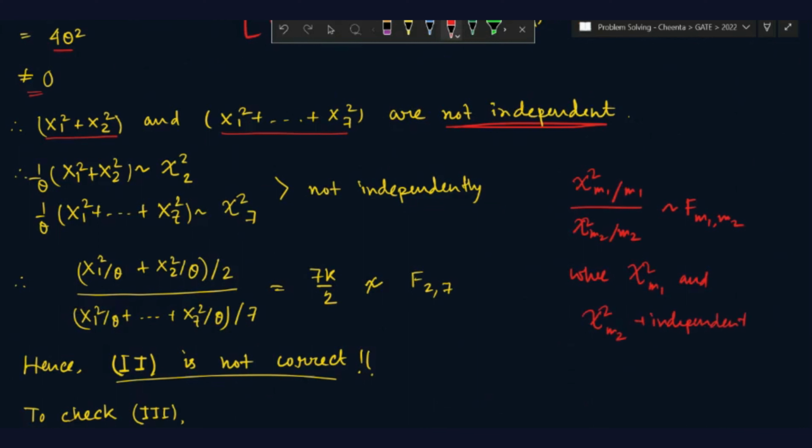Here x1 square plus x2 square and x1 square up to x7 square are not independent, so the numerator and denominator are not independent, and we cannot say 7k by 2 follows an F distribution as the chi-squares are not independent. Hence 2 is not correct.